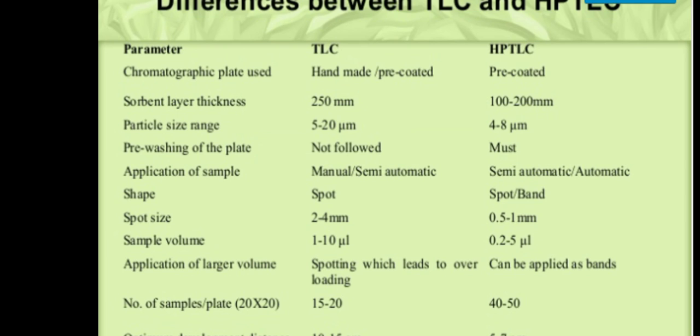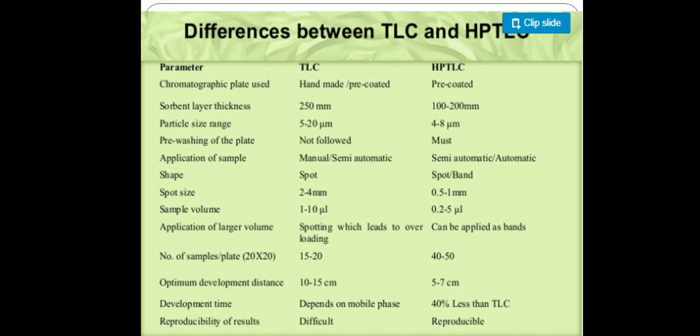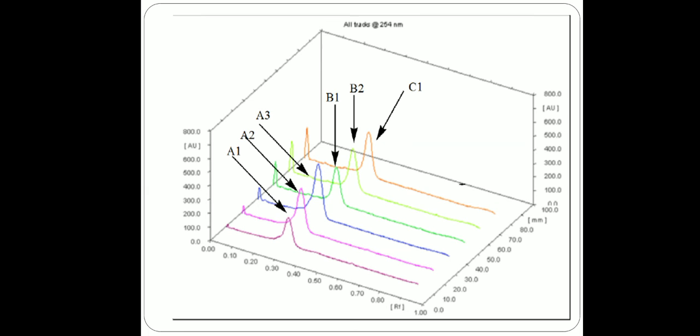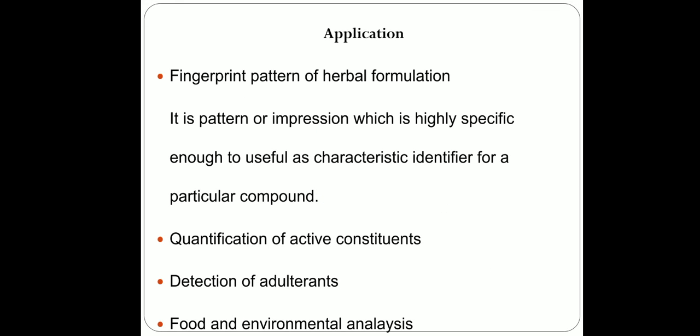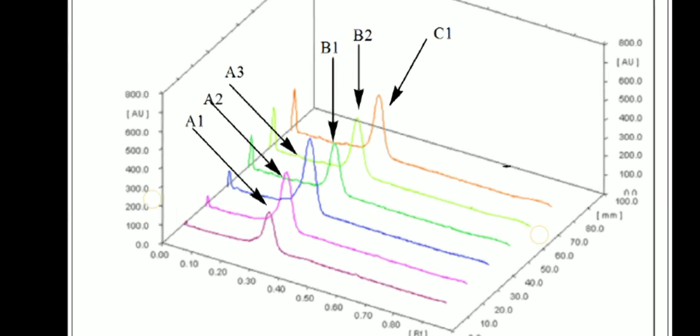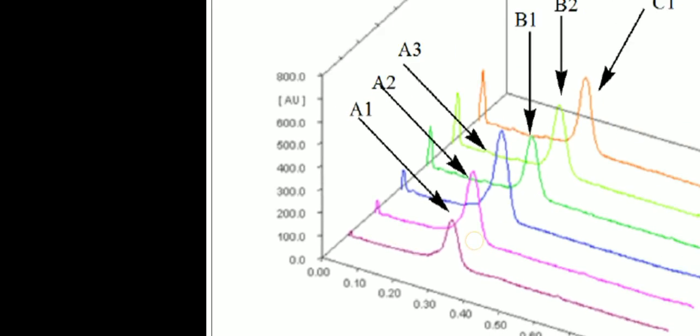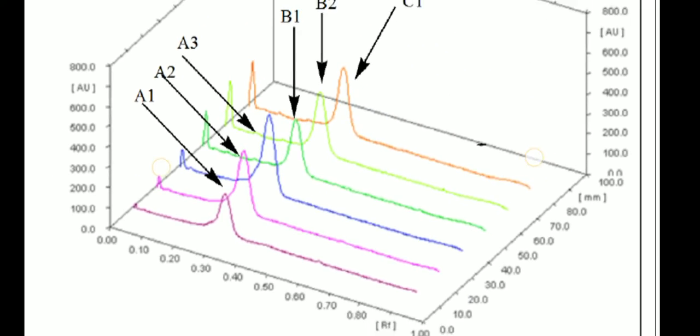In case of HPTLC, with that same plate we can prepare around 40 to 50 HPTLC plates. These are the main differences between TLC and HPTLC. And this represents one HPTLC chromatograph. HPTLC chromatograph will be like this.